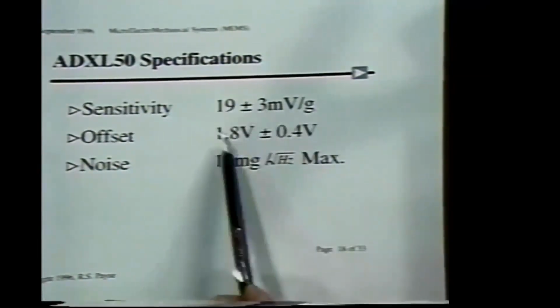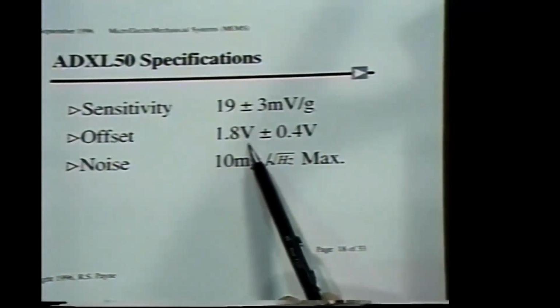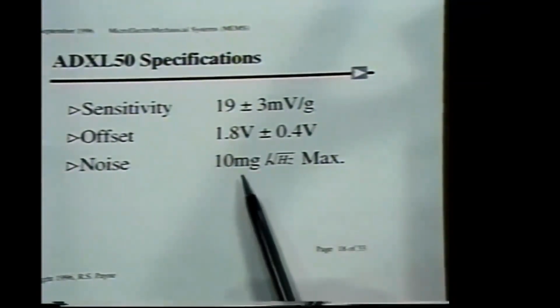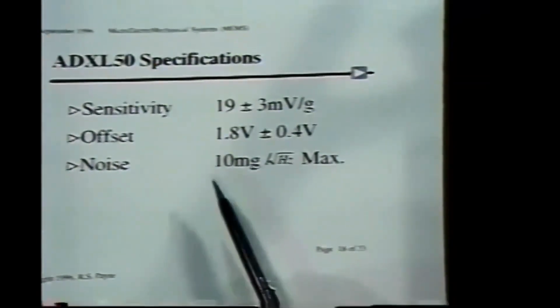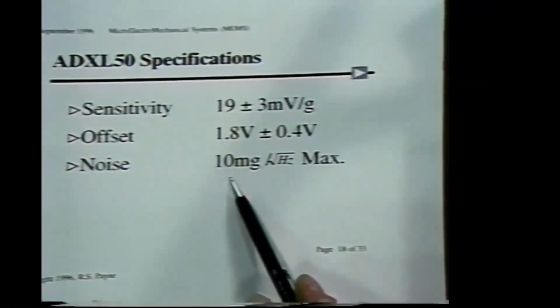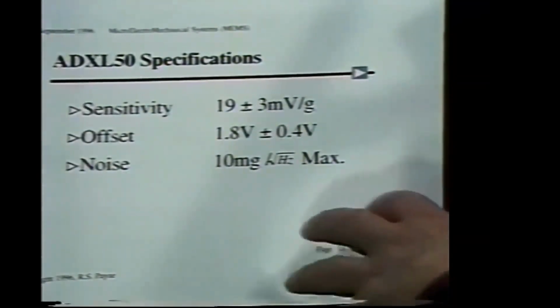The offset of the device is probably the hardest thing to control, and maybe I'll talk a little bit more about that later. The noise on the very first device, which has 10 to the minus 7 grams of proof mass and a fairly sensitive circuit to detect very small displacements, is on the order of 10 milli-g's per root hertz. The noise in the device is very white.